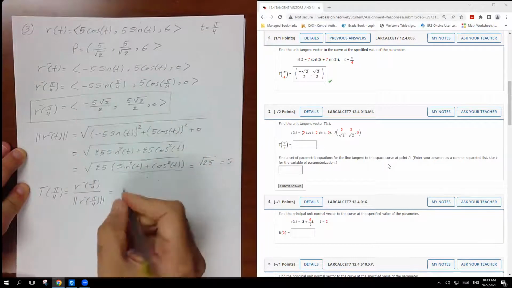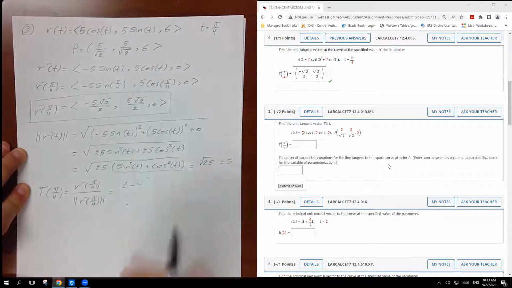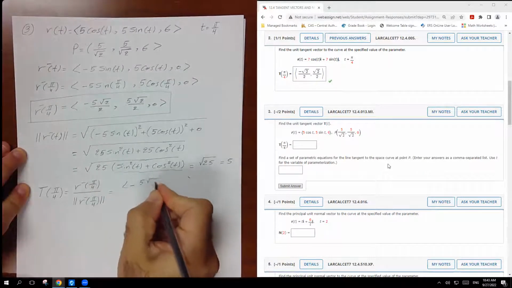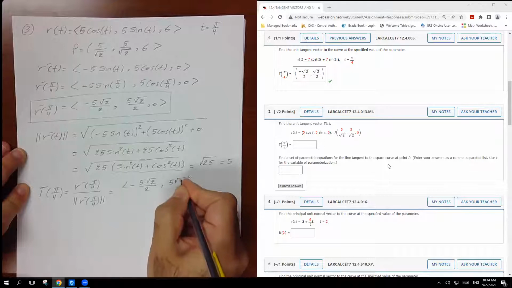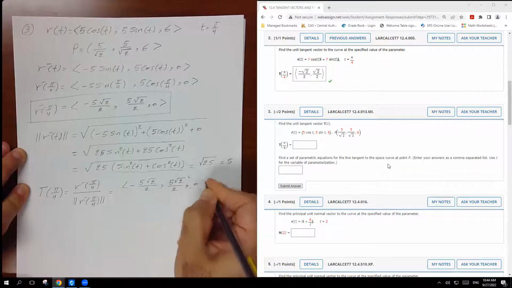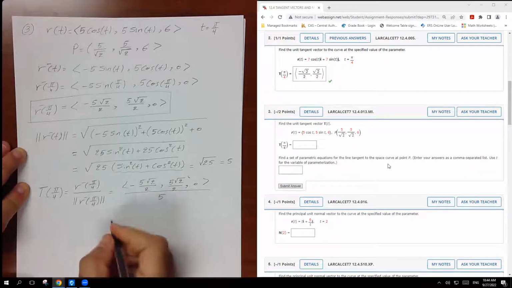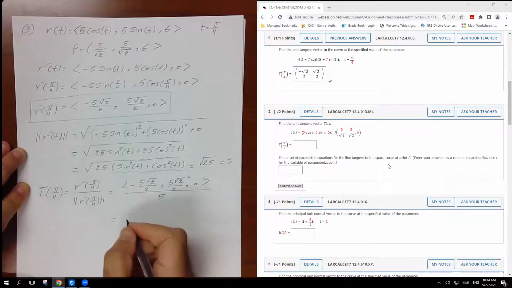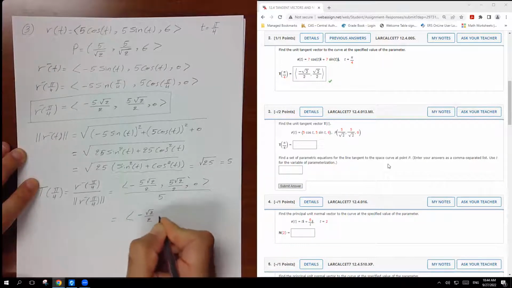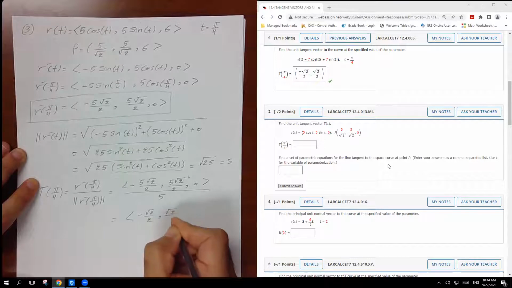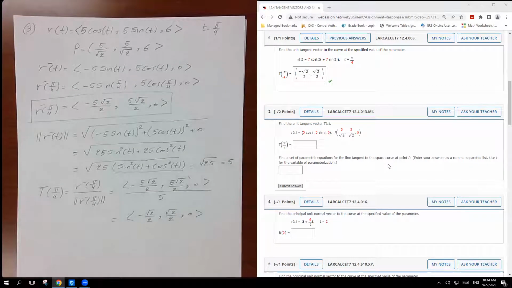Here's the derivative: negative 5 square root of 2 over 2, and 5 square root of 2 over 2, and 0, and everything is divided by 5. Then 5 divided by 5 is going to be negative square root of 2 over 2, and square root of 2 over 2, with this 0. So we're done with this part. This is only the first part.